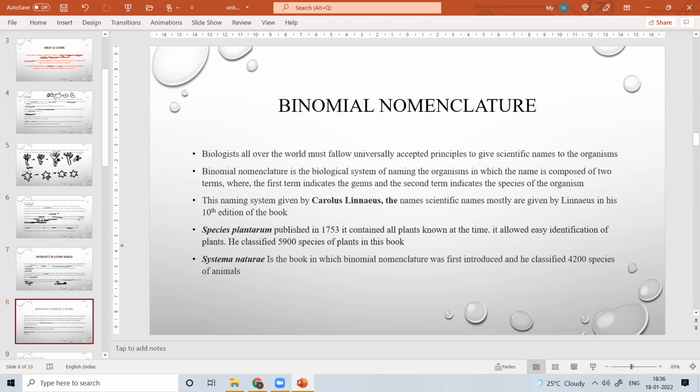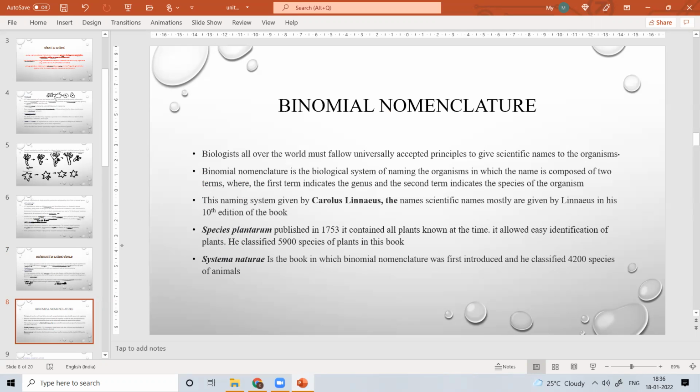Biologists all over the world must follow universally accepted principles to give scientific names to organisms, so that everybody around the world can recognize an organism by a single name. Wherever we go, the name should be common. That is what the scientific name is supposed to be.